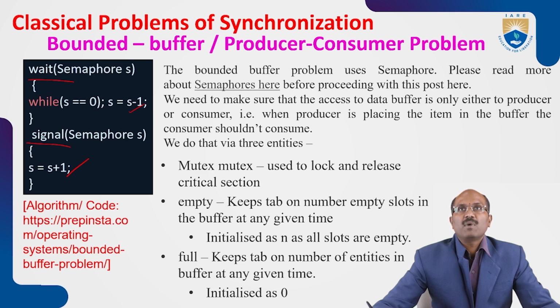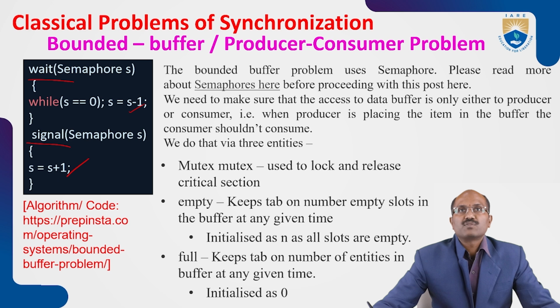The semaphores make sure that the data buffer is accessed by only either the producer or the consumer. When the producer is placing an item in the buffer, the consumer should not consume. This is performed with the mutex algorithm, where a mutex is used to lock and release the critical section.